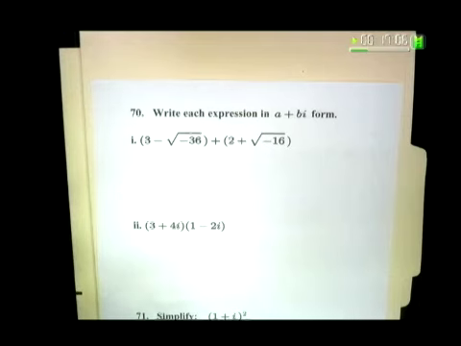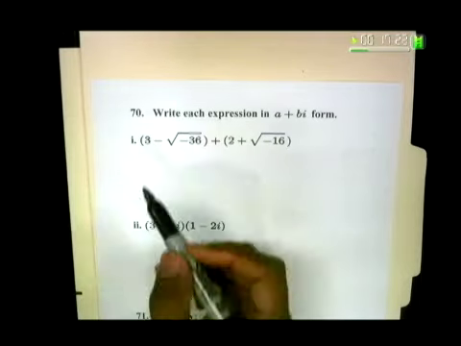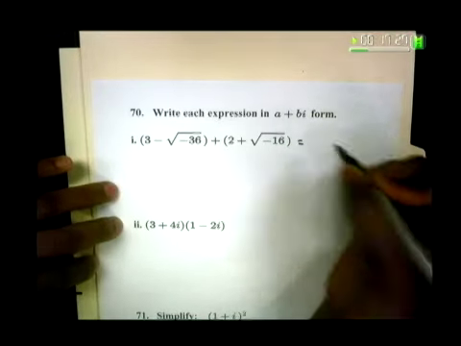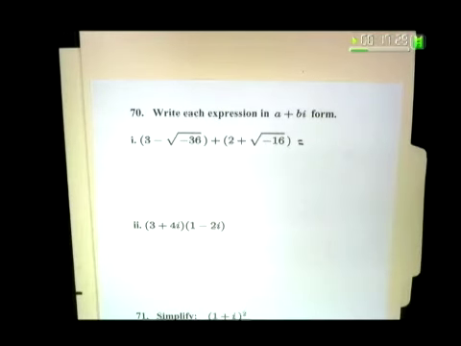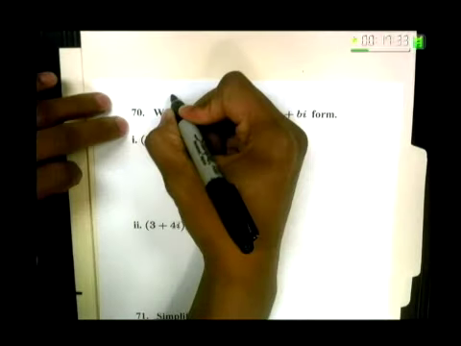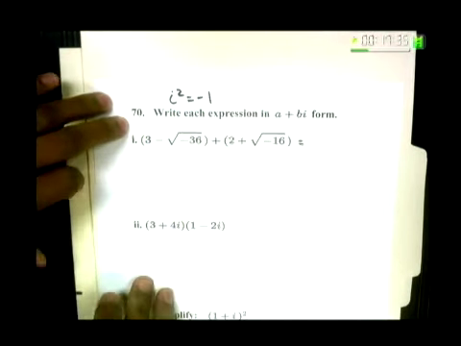All right, with these complex numbers, you want to think about how binomials behave, combining like terms and using the distributive property to multiply. This might look a little different because it's not in complex number form yet, but we'll do that first. The key is that i squared is equal to -1.